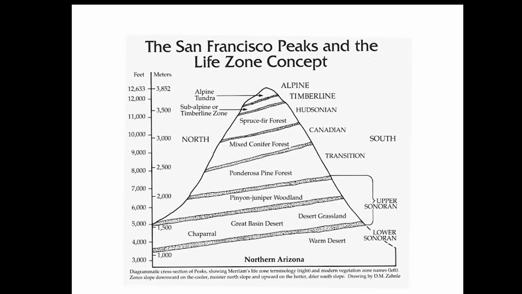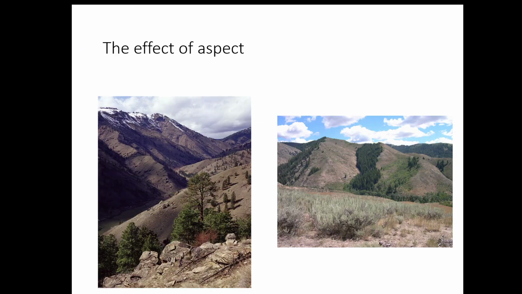Let me go right to it. I screwed everything up. Here is aspect. An aspect is which side of the mountain faces where. Does it face the north, here, or does it face the south, here?